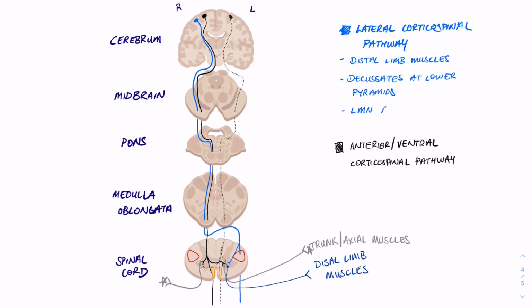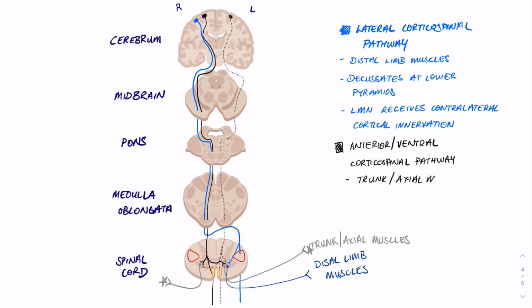And lastly, the lower motor neuron of this pathway is going to receive contralateral cortical innervation. So the left distal limb muscles are innervated by the right side, and vice versa, the left distal limb muscles are going to receive upper motor neuron signal that originates at the left primary motor cortex.